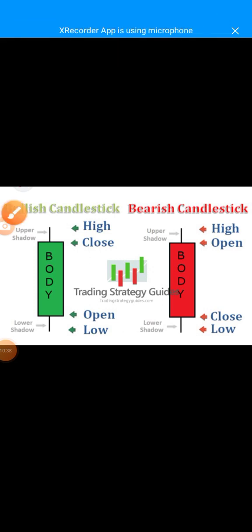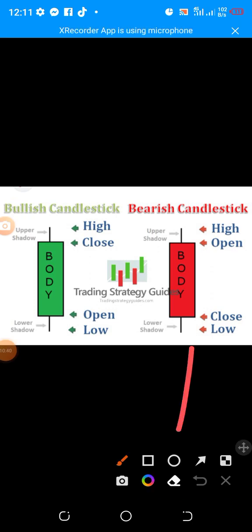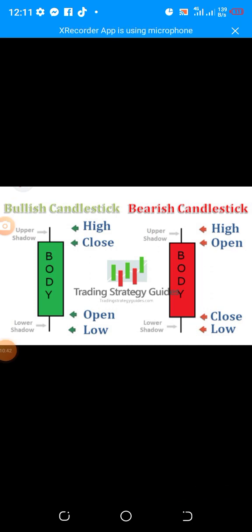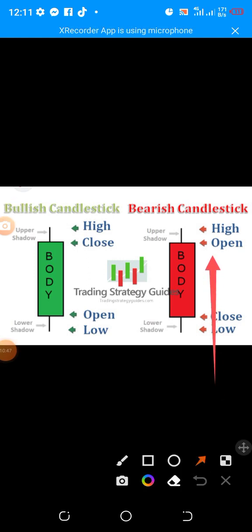For example, here the open was on this point. So when it opened, the buyers came in at first and they pushed price up to this highest point. That is where you see the wick. The candle must have a wick, a body, a close, and an open.